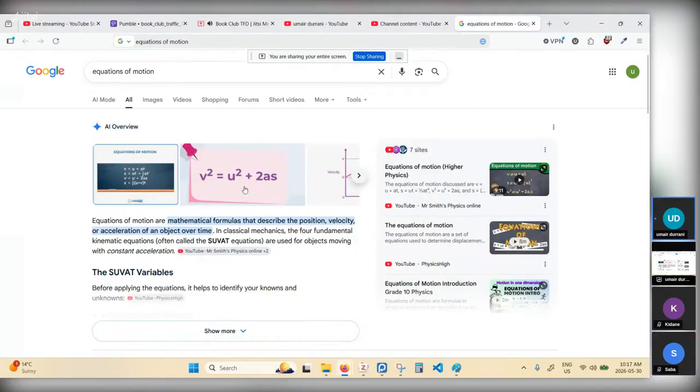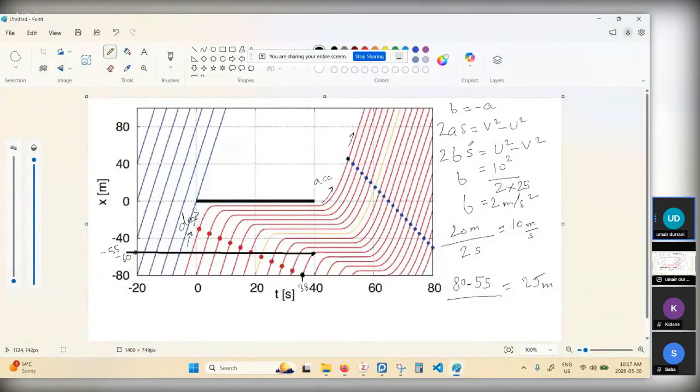V squared equals u squared plus 2as. V is the final speed, u is the initial speed, a is acceleration, and s is the distance that is covered. So if we rearrange that, we can rearrange it like this. 2as is equal to v squared minus u squared. A here is assumed to be positive, it's the acceleration.